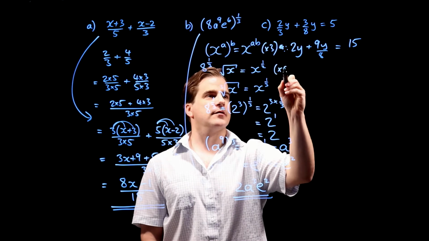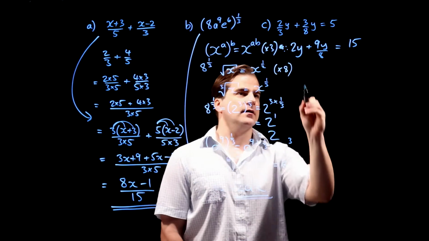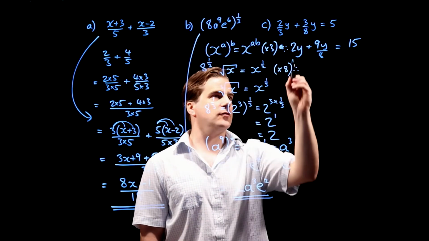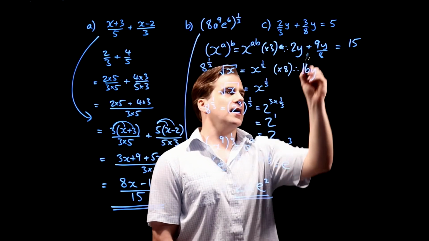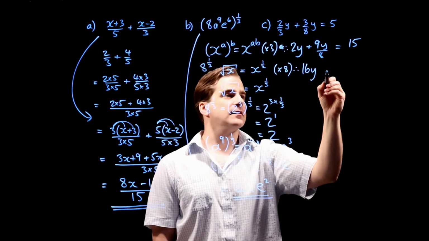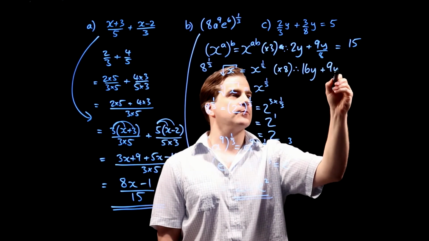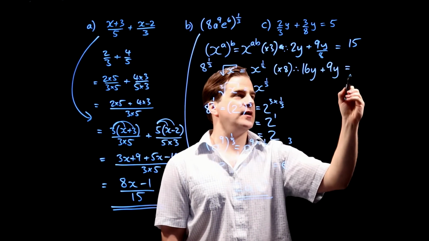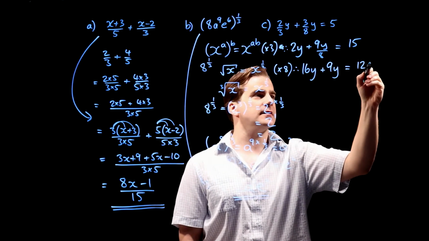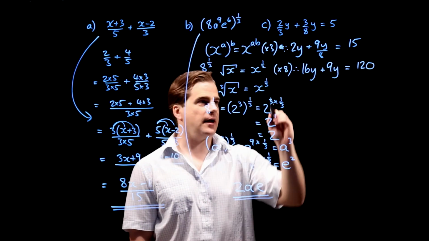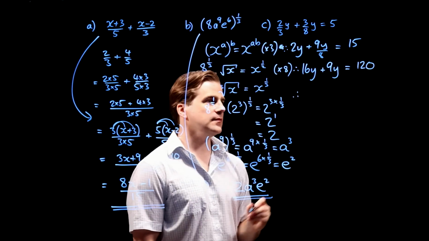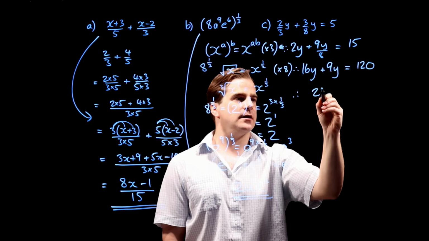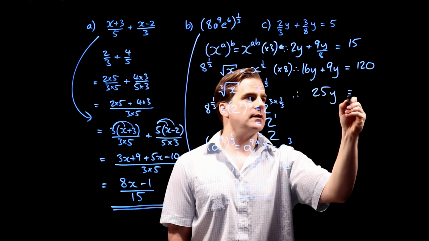And we get 2y times 8 is 16y. 9y divided by 8 times 8 is 9y. 15 times 8 is 120. Excellent, everything's off the bottom. Therefore, 16y plus 9y is 25y equals 120.